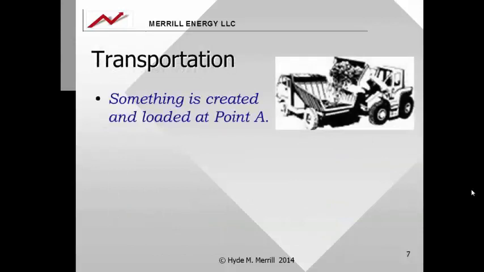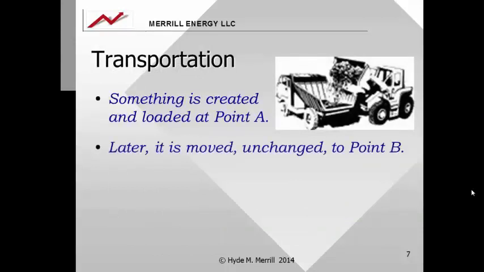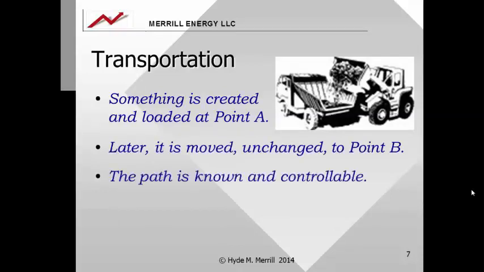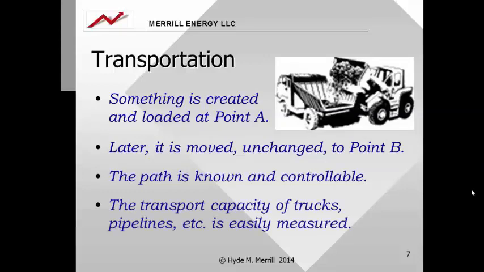In a transportation system, something is created and loaded at point A. Sometime later, it's moved unchanged to point B. The path that the product follows is known, it's controllable, and the transportation capacity of trucks, pipelines, etc. is easily measured. None of these 4 statements is true of electric power transmission. That's because transmission is not transportation.